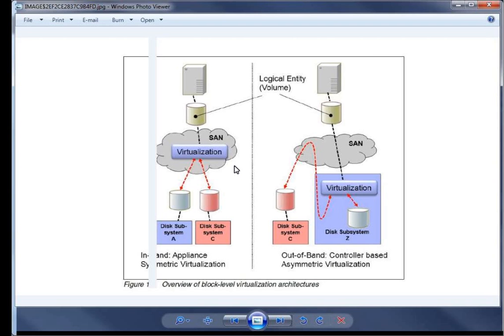In SVC's case, it is in-band because SVC will be appearing as the creator of this particular set of I/O requests. What this then does is, it removes any obligation on the part of the disk subsystem to give an acknowledgement to the host.